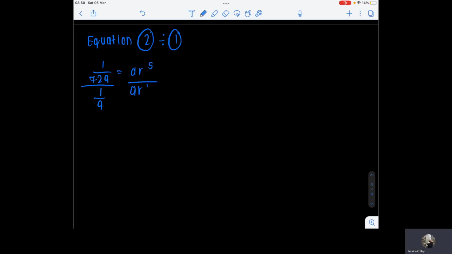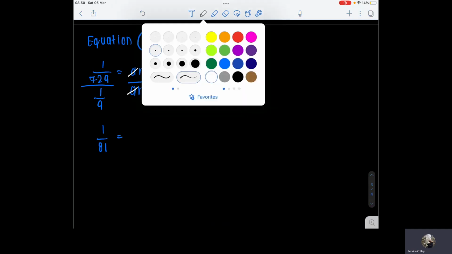So we get 1/81 is equal to, now with our exponential laws, I know my A's cancel out, and then I've got 5 minus 1. So R to the power of 5 minus 1 is just going to be R to the power of 4.